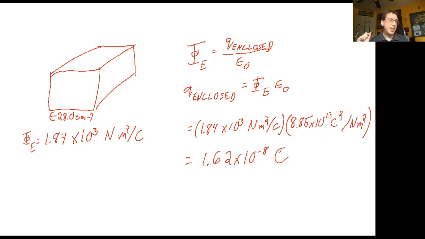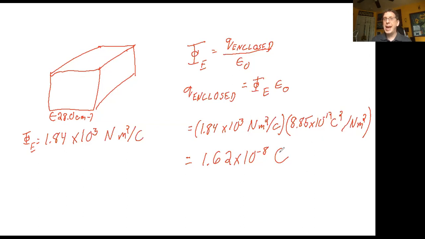Now, it could just be a point charge in the center of the cube. It could be a point charge at any different location within the cube. It could be uniformly distributed within the cube. It could be a combination of positive and negative charges with a net value of 1.62 times 10 to the negative 8 coulombs.